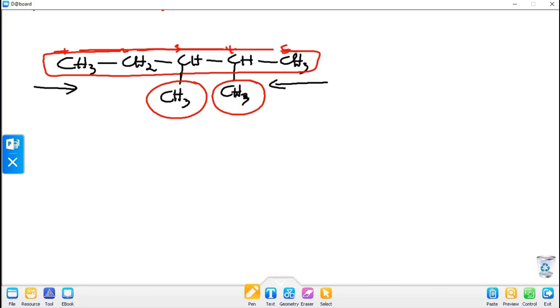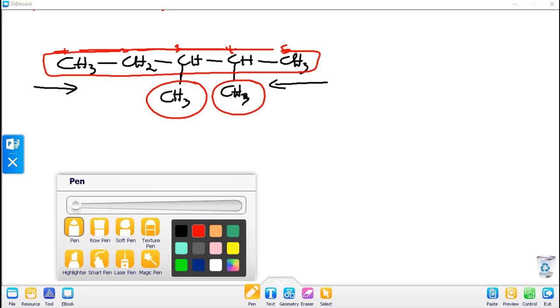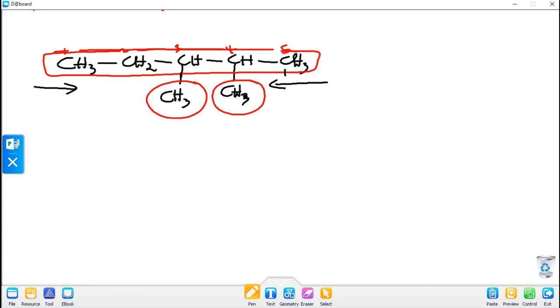But if we choose to come from the right-hand side, this is going to be our carbon 1, here carbon 2, and here carbon 3.